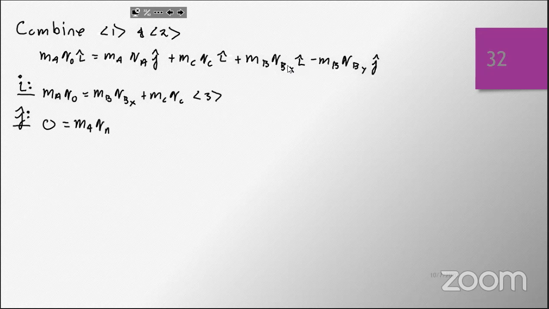MA VA minus MB VB. Okay, this is the part where we say also that we can get rid of all of my masses. Why do we get rid of the masses? Well, we don't need them. They're all the same, they cancel.